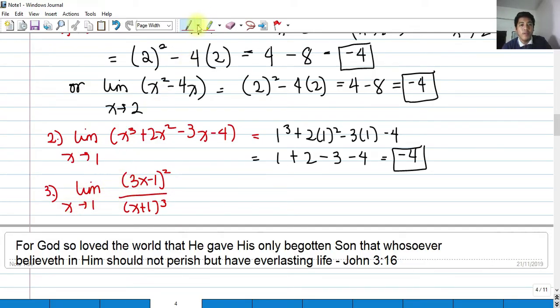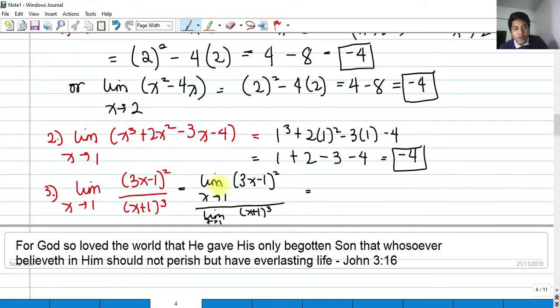What is our rule if we are evaluating a quotient f of x? The denominator should not equal 0. So by our property, we can have the limit of (3x minus 1) squared as x approaches 1 over the limit of (x plus 1) cubed as x approaches 1. Furthermore, we can simply substitute the value of 1.